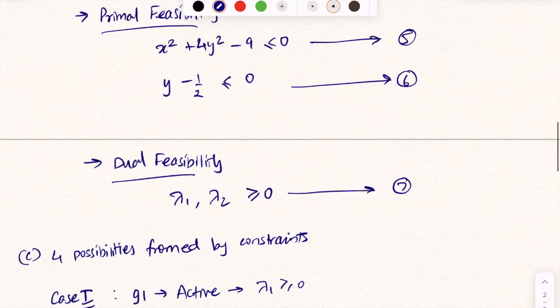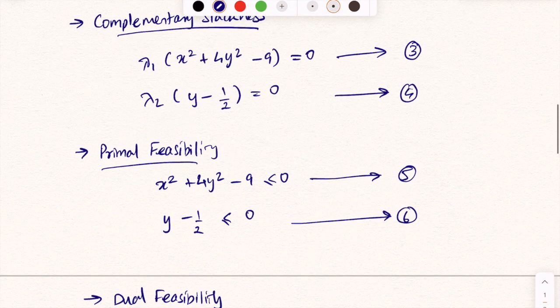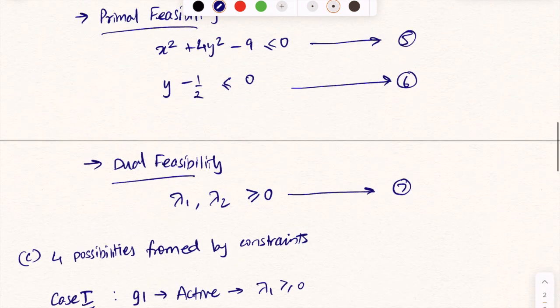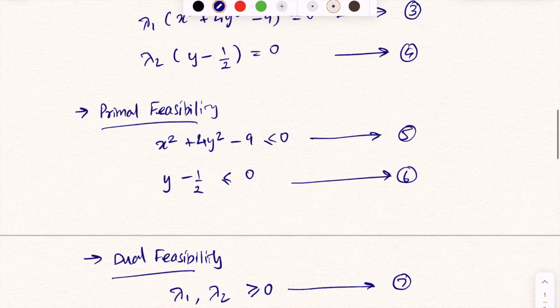And so I'm going to start off with the function for primal feasibility, where we said y minus 1/2 is less than or equal to 0. Now that we have a value for y, we can plug that into, say, equation 5, where we have x squared plus 4y squared minus 9 equal to 0.